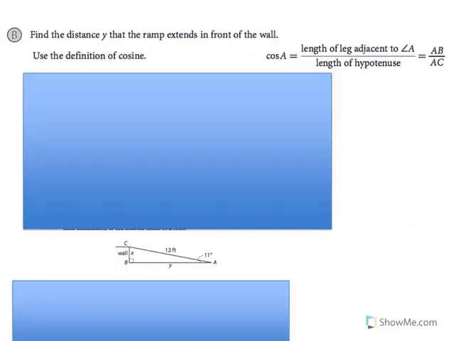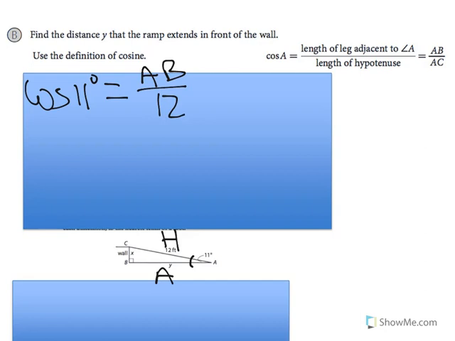Okay, let's go to example B. It says find the distance y. Looking at the same triangle, we're observing from this angle, so this is adjacent and hypotenuse, so we can use cosine. Cosine of 11 degrees is equal to adjacent, AB, over the hypotenuse, which is 12.